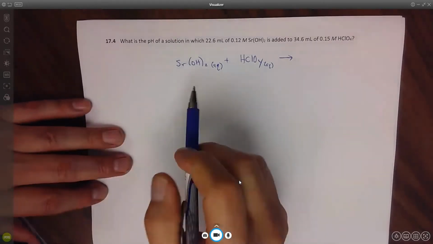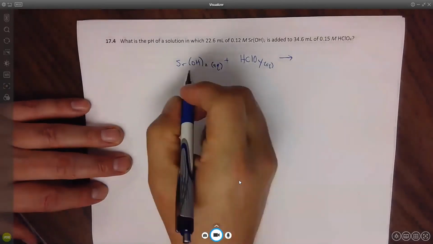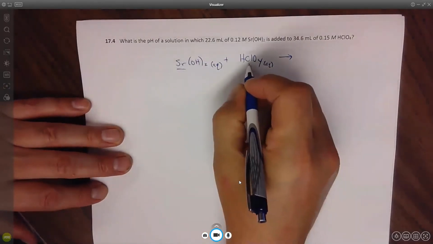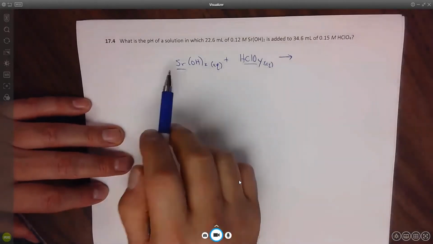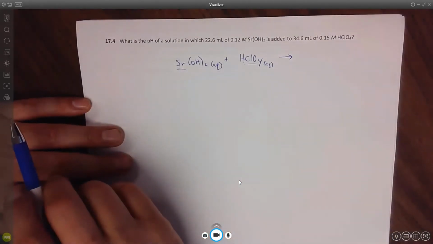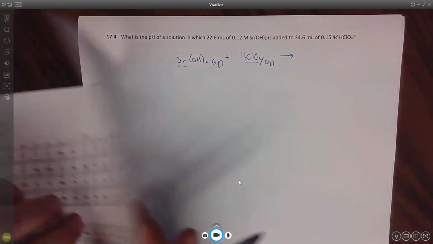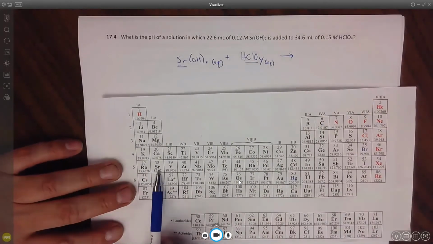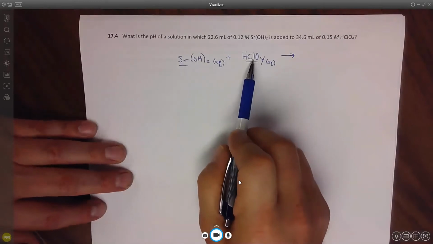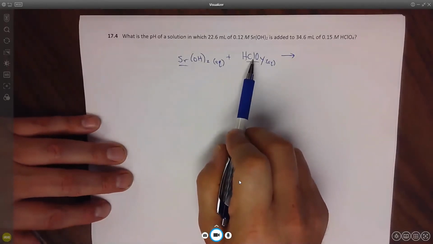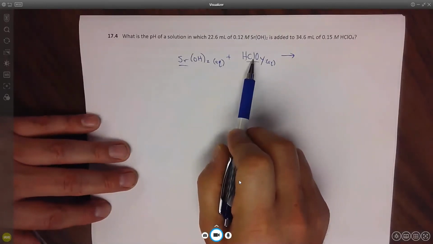Sr, ClO4. Okay, what's the charge on Sr? 2+. Yep, right. It's just a group 2A metal, so it would be 2+. And then this is a polyatomic ion. What's the charge on it? -1. So what is the formula going to be?